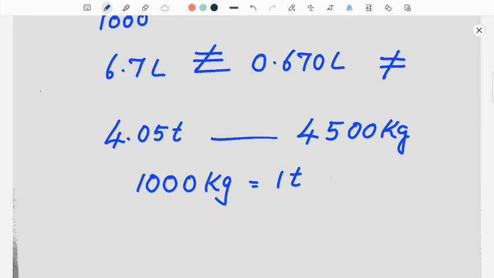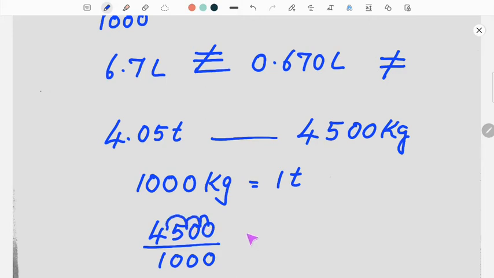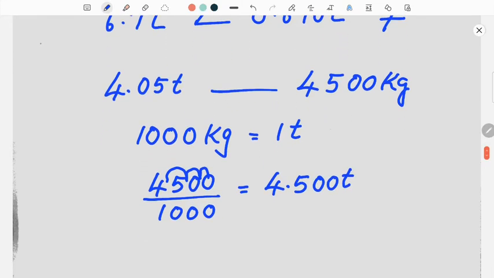To change kilogram to ton, divide the number by 1000. Division by 1000 means shift the decimal 3 places to the left side. So 1, 2, 3, 4.500 ton. So 4.05 ton and this 4500 kilogram becomes 4.500 ton.